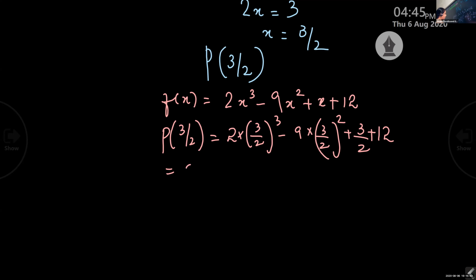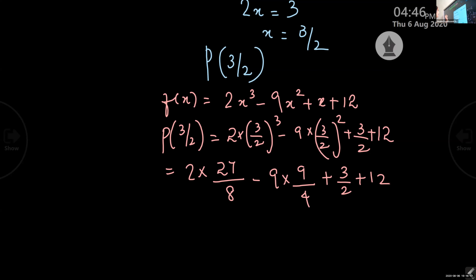What is 3 by 2 all cube? 27 divided by 8. Okay, only Adidev is telling. 27 by 8, minus 9 into 9 by 4, plus 3 by 2, plus 12.